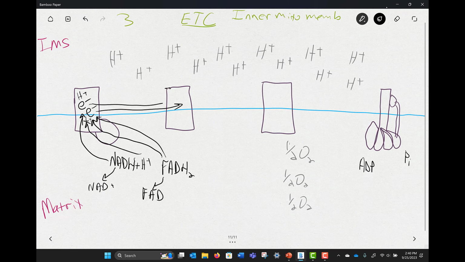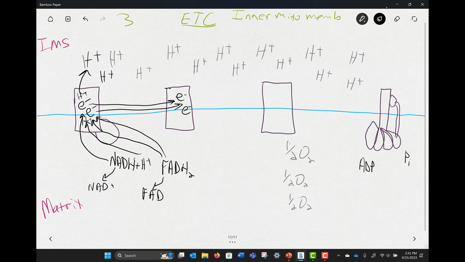All of the electrons that move into that first protein are stolen by the second protein. The protons want to come along, but that protein is a one-way tunnel. The only way that those protons can leave is through the top, going into the intermembrane space.